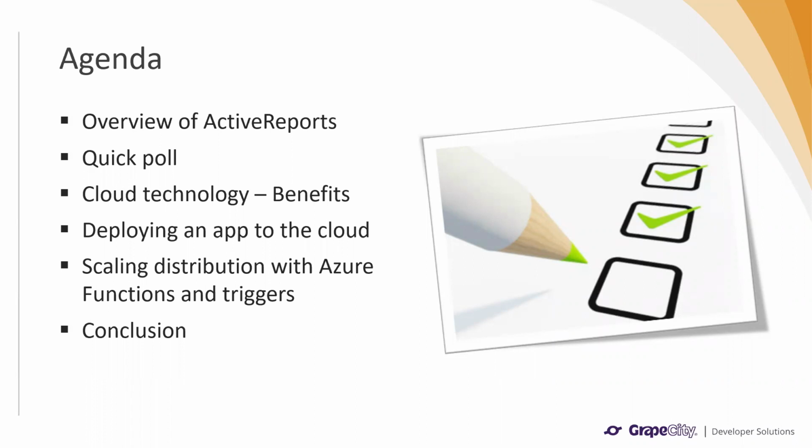Then we'll get into the topics of cloud technology and the benefits and the disadvantages of cloud, deploying an application to the cloud as a standalone monolith application as a web service, web app. And then we'll talk a little bit about scaling that application to be a little more distributable with Azure Functions and triggers. And then we'll wrap it up.